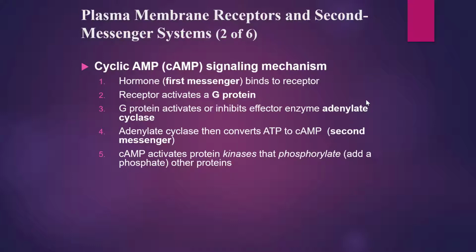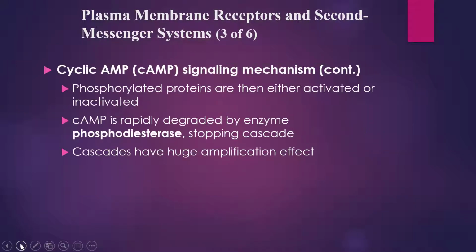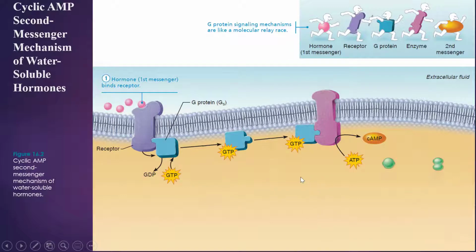Here, the hormone is considered to be the first messenger. They bind to the receptor and will be activated by G protein. You have your hormone here, which is the first messenger, and it is going to dock into its receptor.